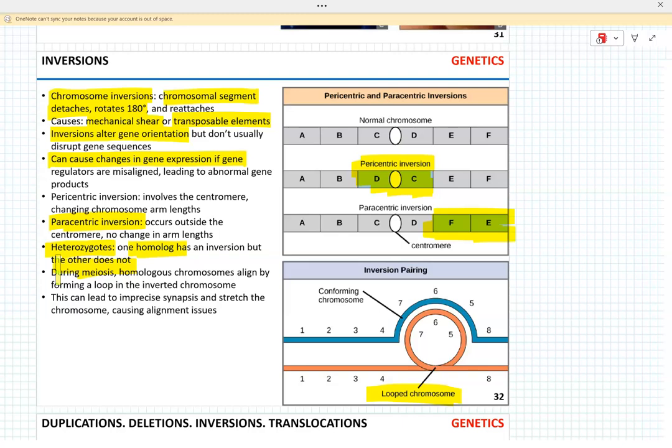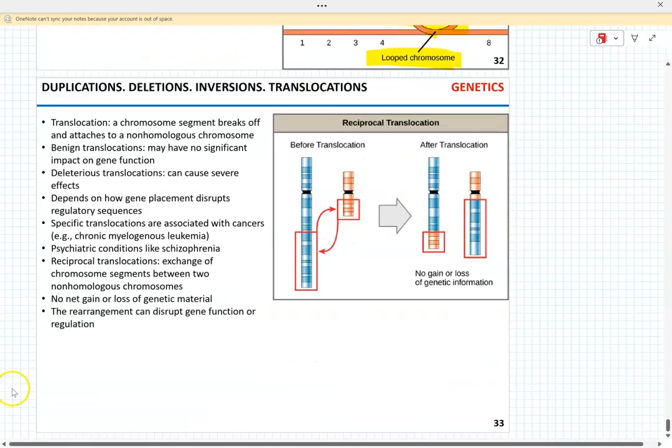During meiosis, the homologous chromosomes align, but in order to align, the inverted chromosome has to make a loop. That can result in imprecise synapsis, stretch the chromosome, cause alignment issues, and ultimately lead to aneuploidy.